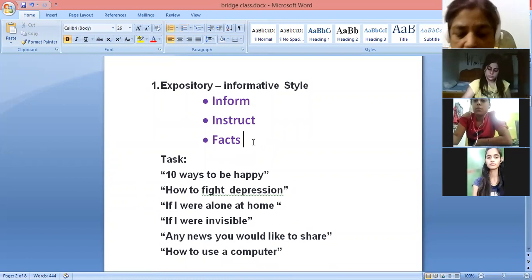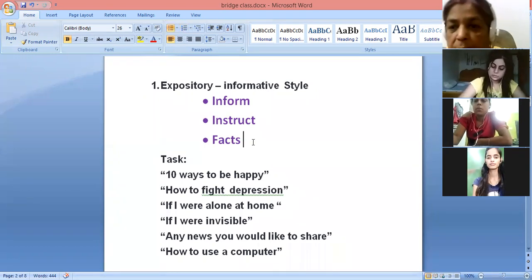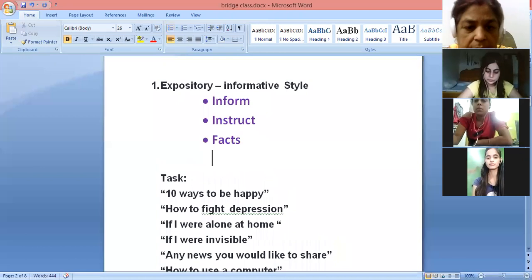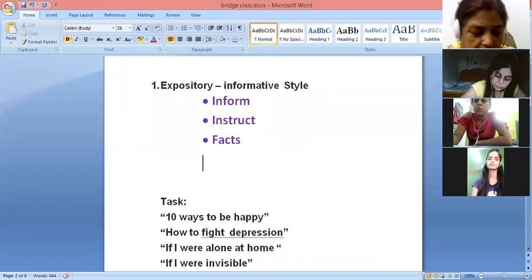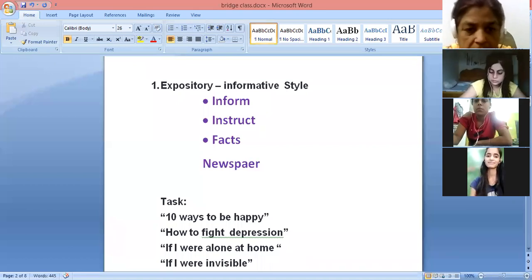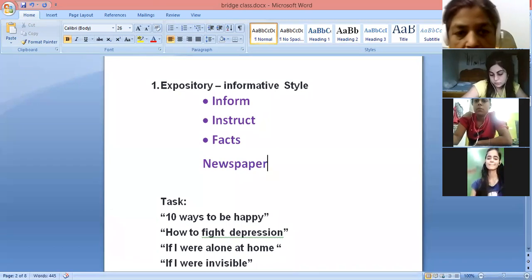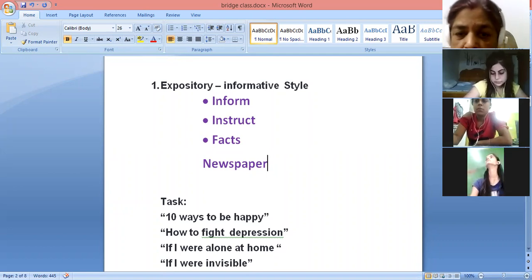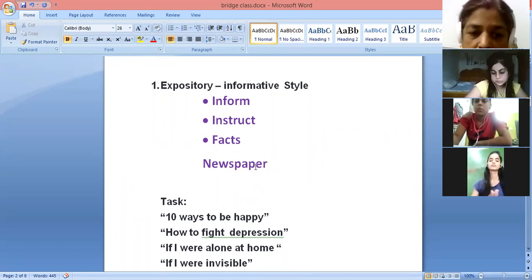For example, you read the informative style in the newspapers. Any newspaper, any news, because they do not instruct, but they inform.